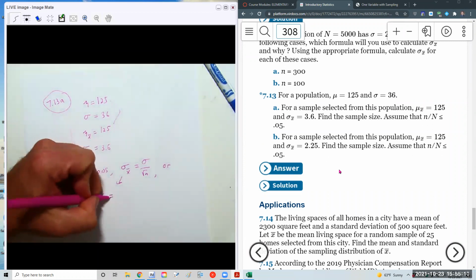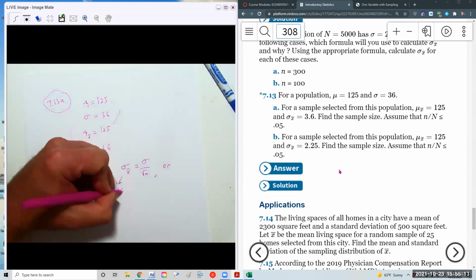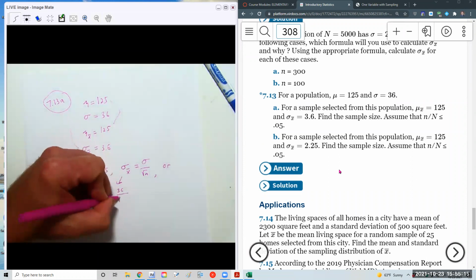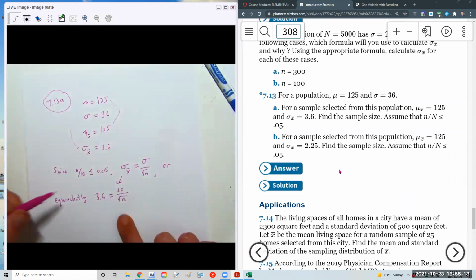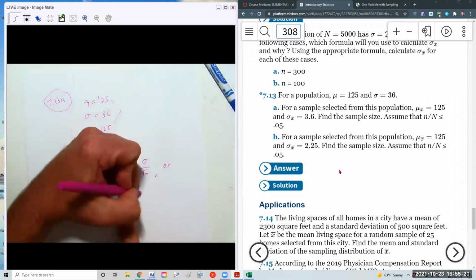And then that's going to be equal to 36, because sigma is 36, divided by the square root of n. And then we just need to solve this for n to answer this question.